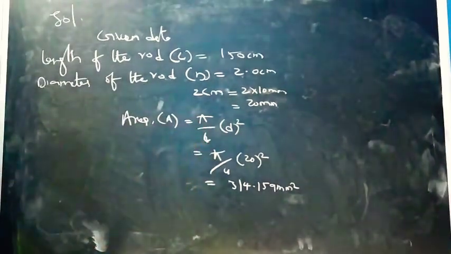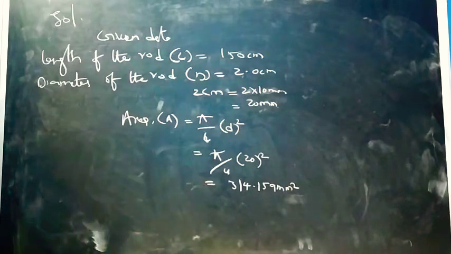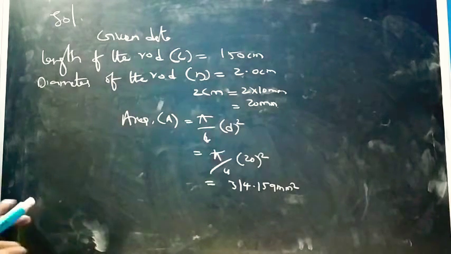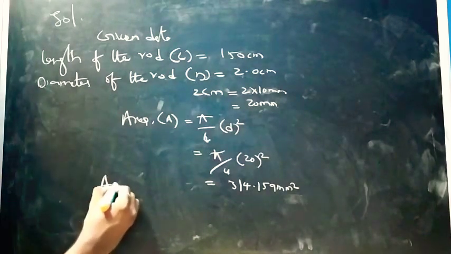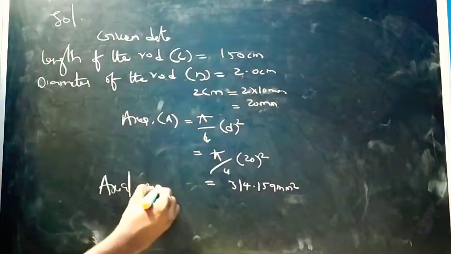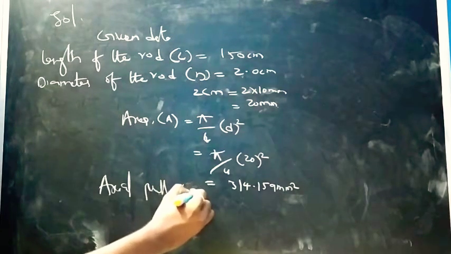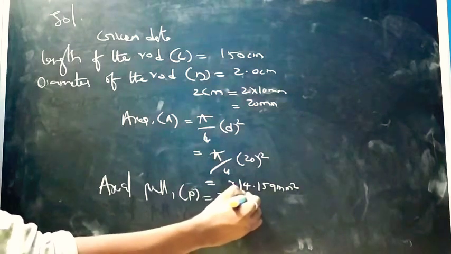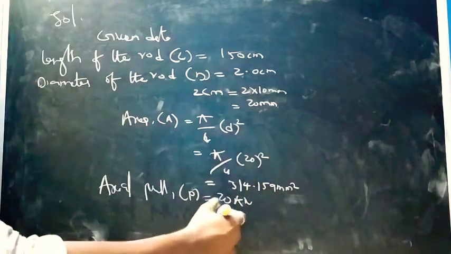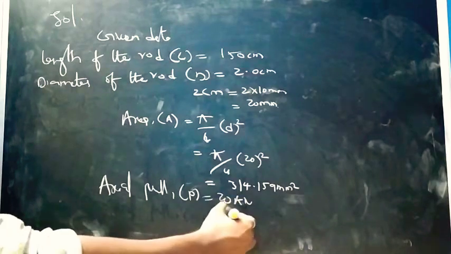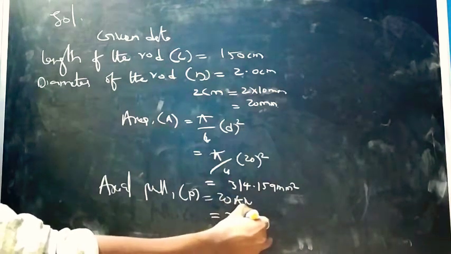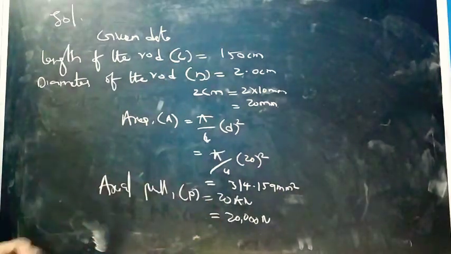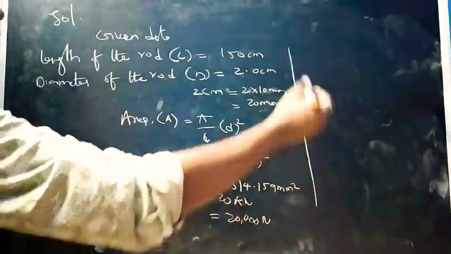That is the area we got. Next, given that axial pull P is 20 kilonewton, so convert into newtons. The k is nothing but 1000, have 3 zeros, and newton. As simple as that. And the Young's modulus E is given.